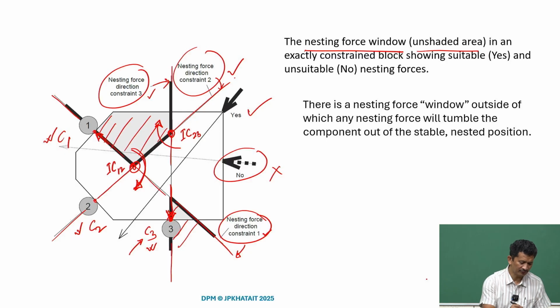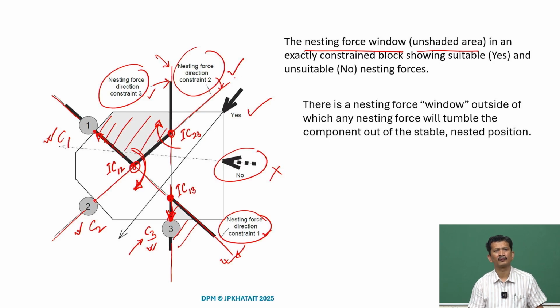Similarly, if we consider C1 and C3, the intersection point is here. C1's direction is this and C3's direction is this. So, the intersection point will be here and we can call it IC 13, or 31, it is the same. If we consider only post 1 and 3, the object can rotate along the axis IC 13.